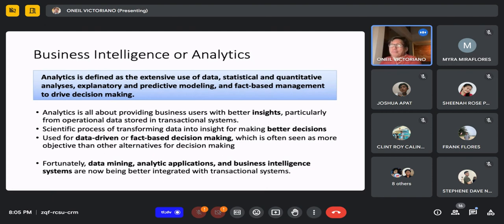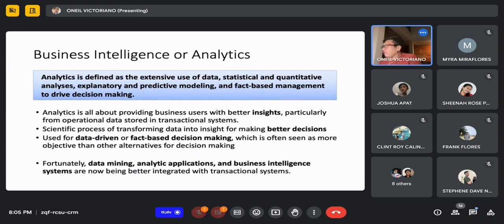It's from past history, which is often more objective than alternatives for decision making. And fortunately, data mining, analytical applications, and BI systems are now integrated with transactional systems, because we need the data from the transactional systems to have big data over the history to undergo the process of data mining and analytics.